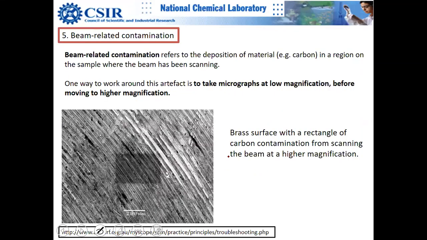Specimen damage is a big problem. You can see the example here, and this example you see all the time. I have seen it so many times. Sample damage. So let me explain what this image is. You can see this scale bar is quite large, 200 micron. So an operator might have scanned this area first, right?